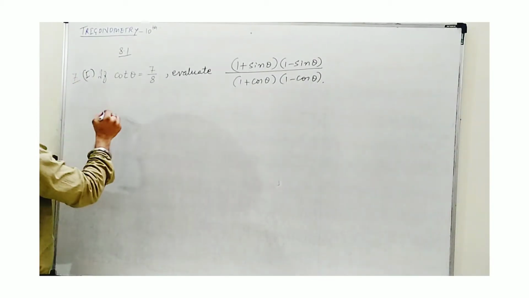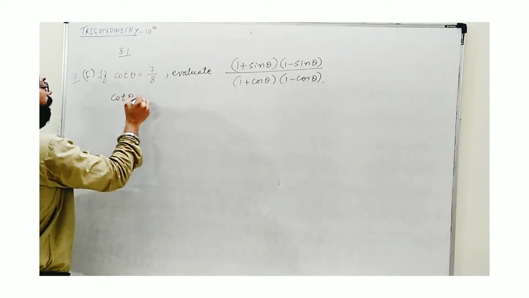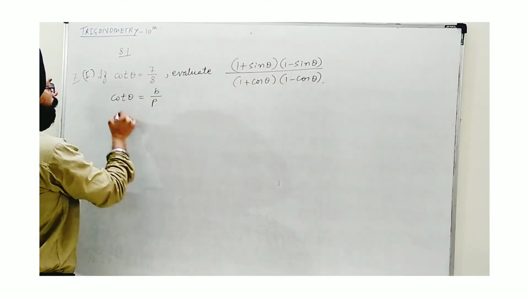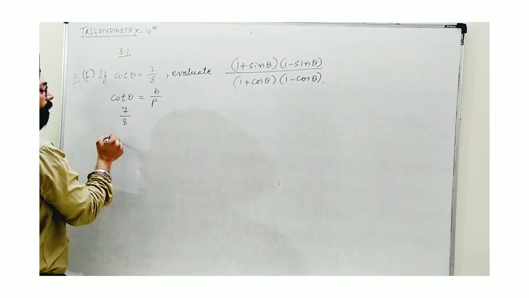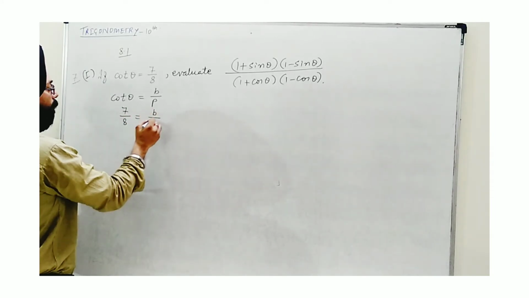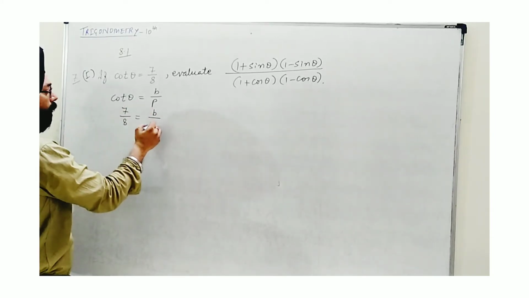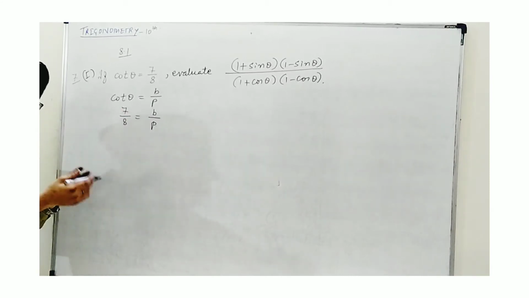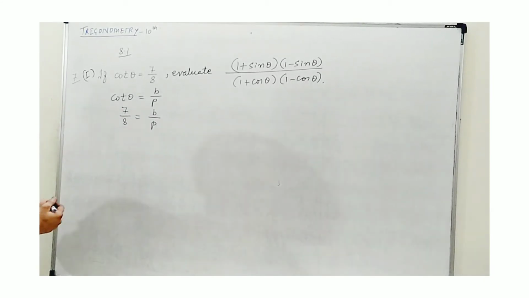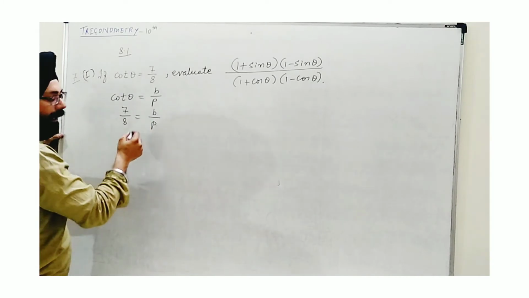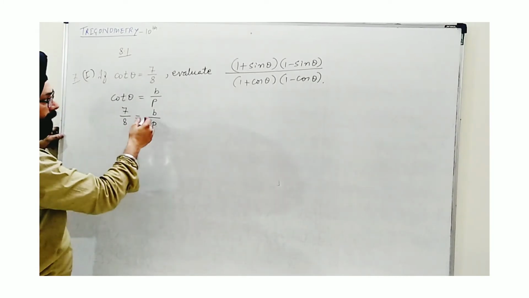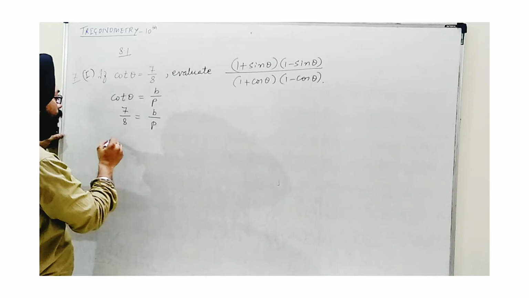As we know, cot theta is equal to b upon p. Cot theta is given as 7 upon 8. Either you apply the common factor method or you apply it directly, we will have the same answer. Here I will not use the common factor. I will show that we can directly use Pythagoras theorem.